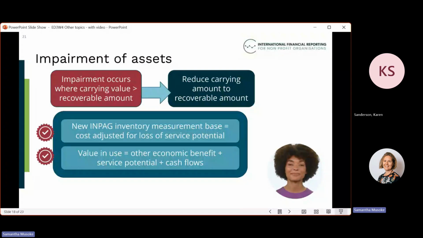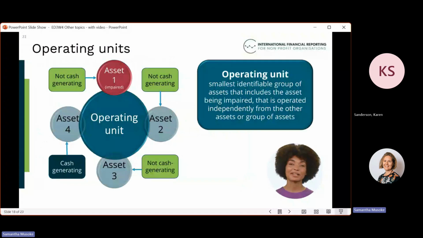When making assessments for impairment, the IFRS for SMEs accounting standard refers to cash-generating units. This allows the assessment in situations where it is not practical for an individual asset to be assessed for impairment. In INPAG, the term cash-generating unit has been changed to operating unit.